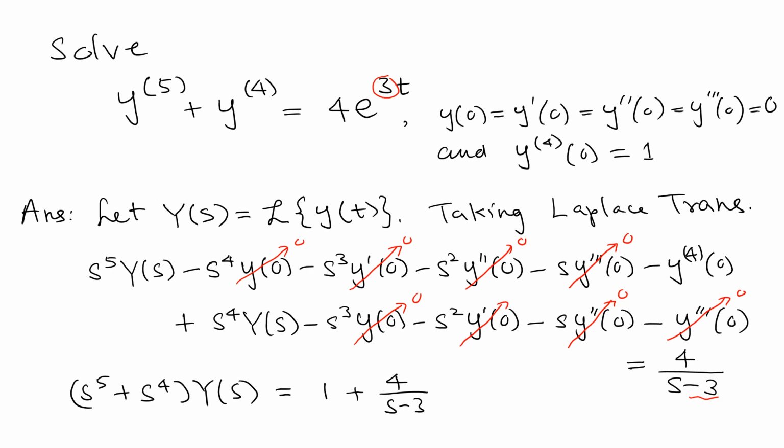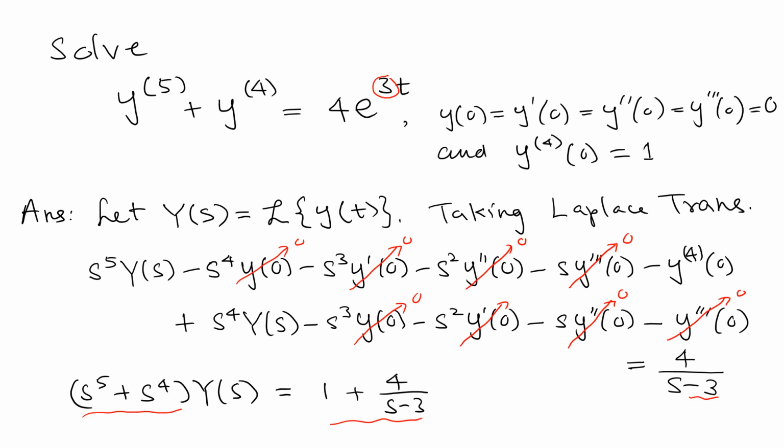Now the question is, what are you going to do next? There is a mistake many students make: they leave it like that and just divide both sides by this factor. That step is okay if you know how to find the inverse directly, but when it is a partial fraction type of problem, it is better to simplify this fraction.